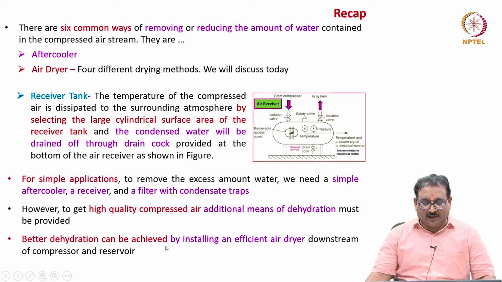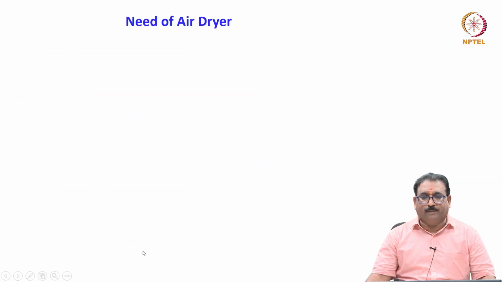Better dehydration can be achieved by installing an efficient air dryer downstream of the compressor and receiver. Then the question arises: apart from reducing the moisture, what are the other functions air dryers will do? Even though reducing the water content is the main criterion for the air dryer.